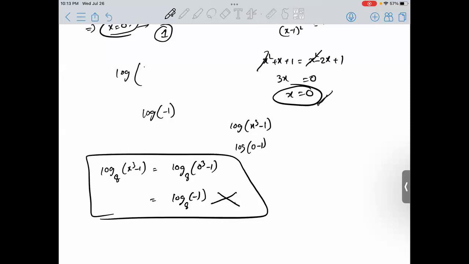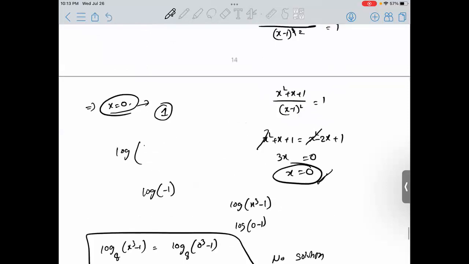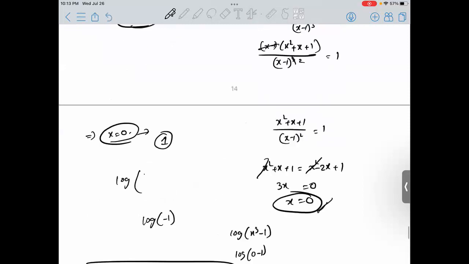Are you getting that? So there are no solutions. Clear till now? Whenever you find the value of x, you have to substitute it in the problem, then you will get to know. Okay? Clear?